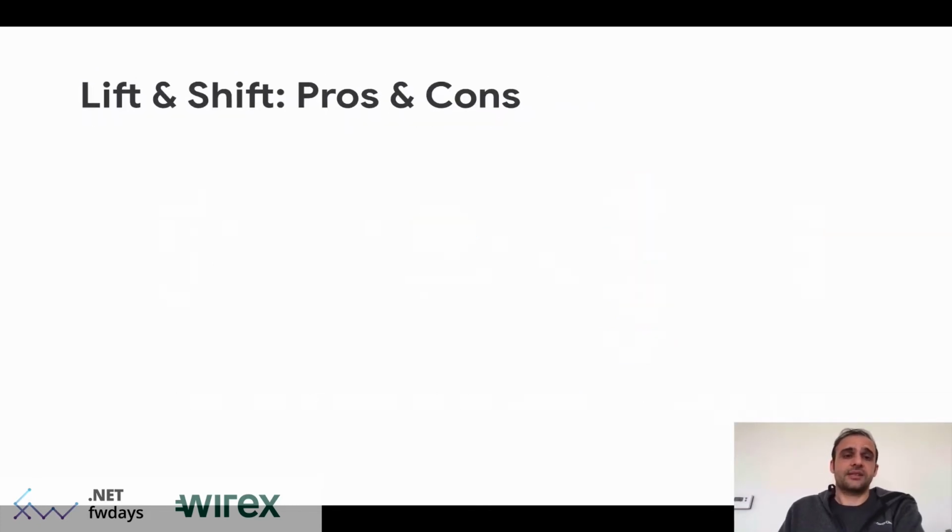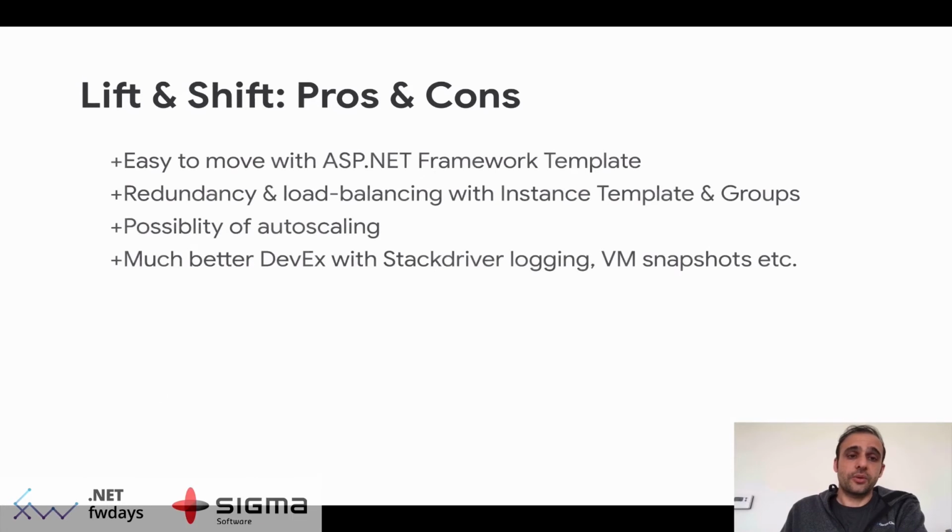So in this phase, the pros and cons were, first of all, it was very easy to move from the IIS host to the cloud, much easier than I thought, because in Google Cloud, there's a marketplace with different kinds of solutions that you can install on VMs. One of those solutions is called ASP.NET Framework template.